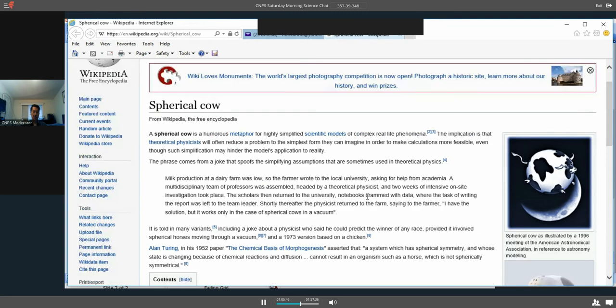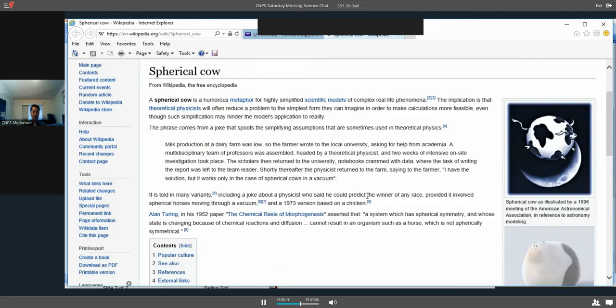If you have not heard about that, there's a joke that a farmer asks the local university for help with milk production, and they start out by saying, well, we'll model the cows as spherical. This is what tends to happen with point particles: it's a handy kind of simplification, but it really doesn't exist.